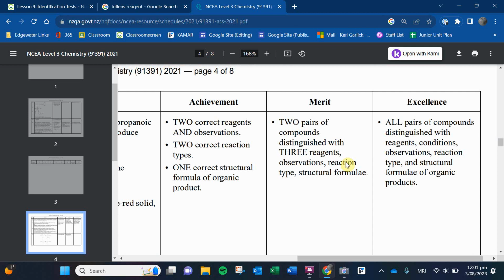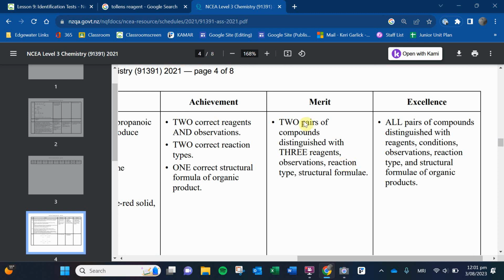Again, take a guess, go through each one of those bullet points and go, I think this reaction is addition. You may or may not be right, but at least if you take a guess, you have a chance. And again, 6 chances, only 2 of them need to be right. Pretty good odds. And then the last one is 1 structural formula correct out of the organic products. Again, take a guess. In this case, you only had organic products for 3 of them, so a chance of 3 times for that 1 point.